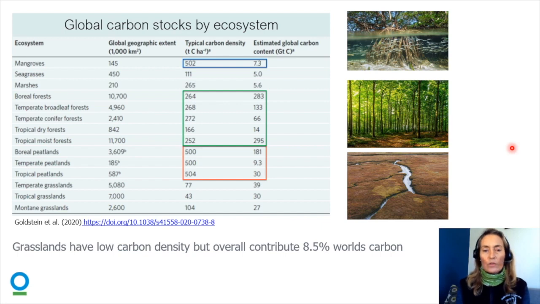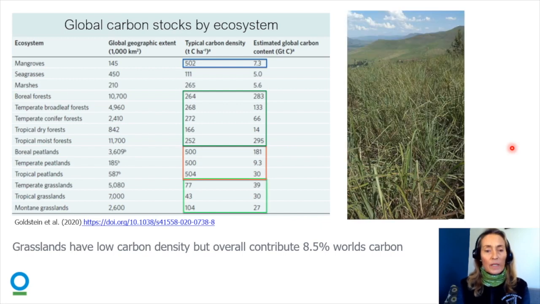And peatlands also have high carbon density, but my point here is that our grasslands, although they have relatively low carbon density, except for the montane grasslands, which are quite high, because grasslands have this large global extent, they contribute about 8.5% of the world's carbon.